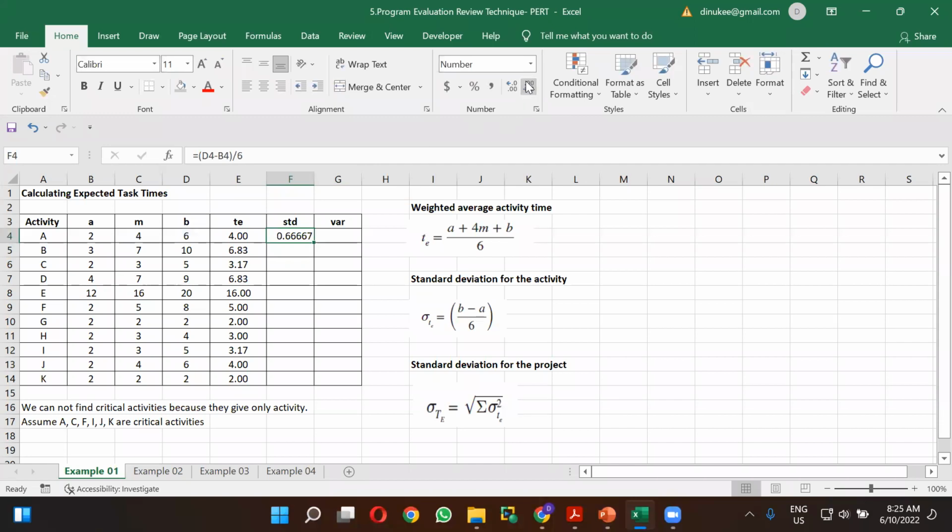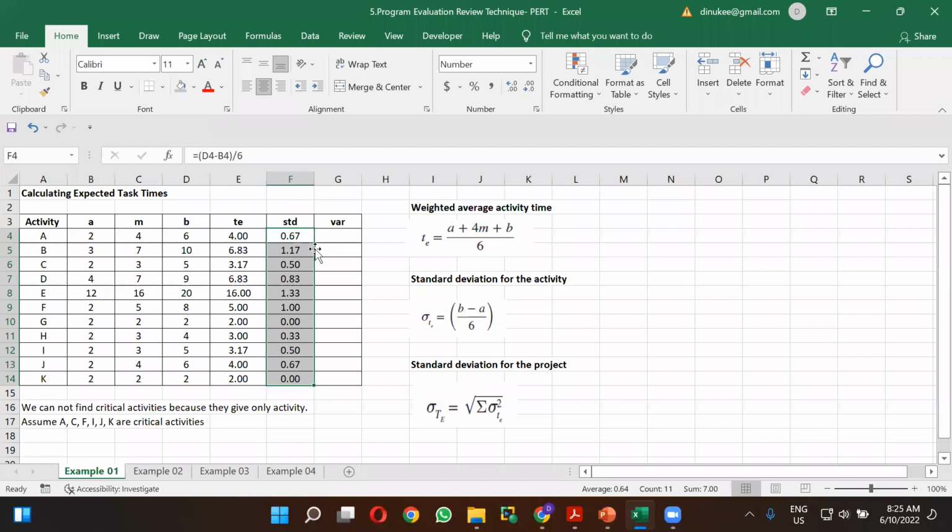I will limit this to only 2 decimals, and I will drag and drop. So see whether you have got these standard deviations for each of these activities.